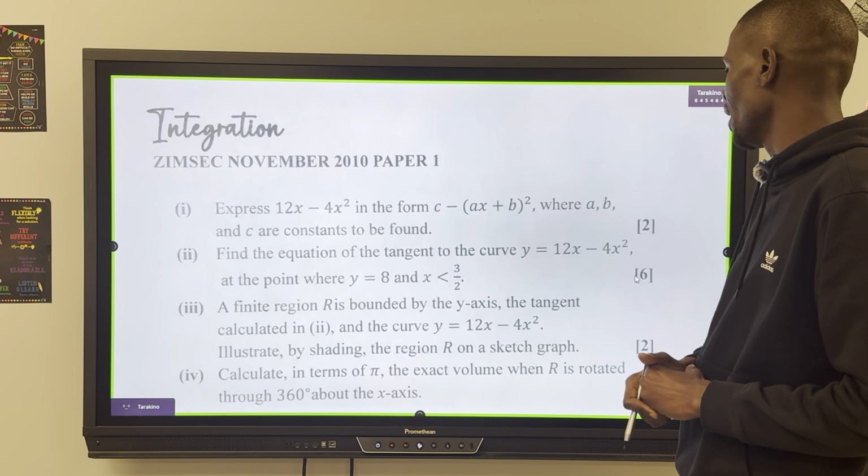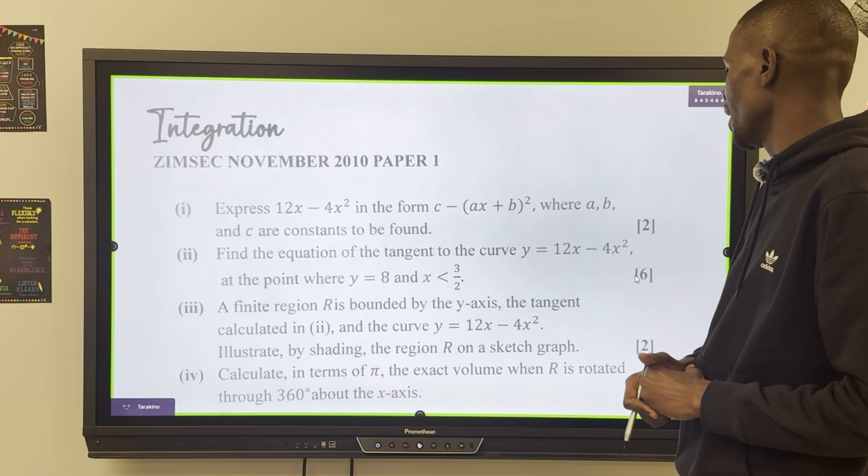We need to express 12x minus 4x squared in the form c minus (ax plus b) squared. So quickly, we can expand the right side.